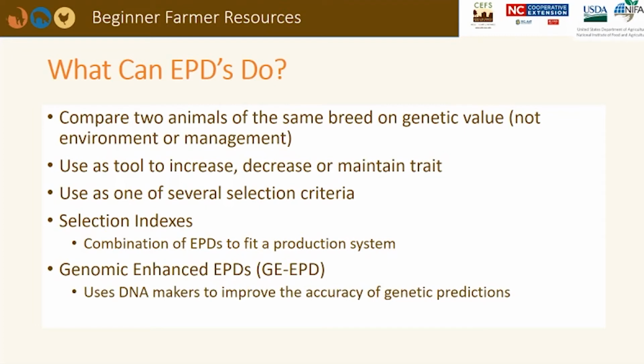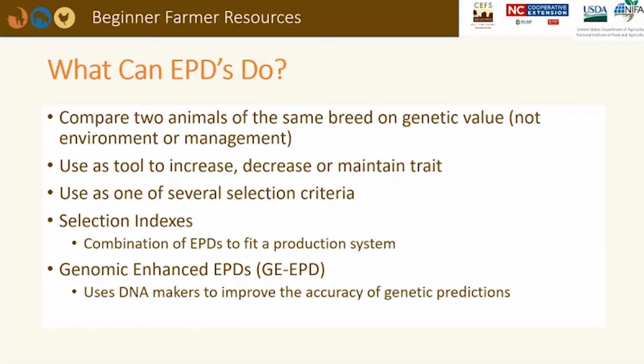So what can EPDs do? Why do we use them? Well, they compare two animals of the same breed on genetic value. They can be used as a tool to increase, decrease, or maintain a trait. So if your cows need to be bigger, you can select for that. If they need to be smaller, you can select for that. If you're having problems with high birth weight, you can select for lower birth weight.